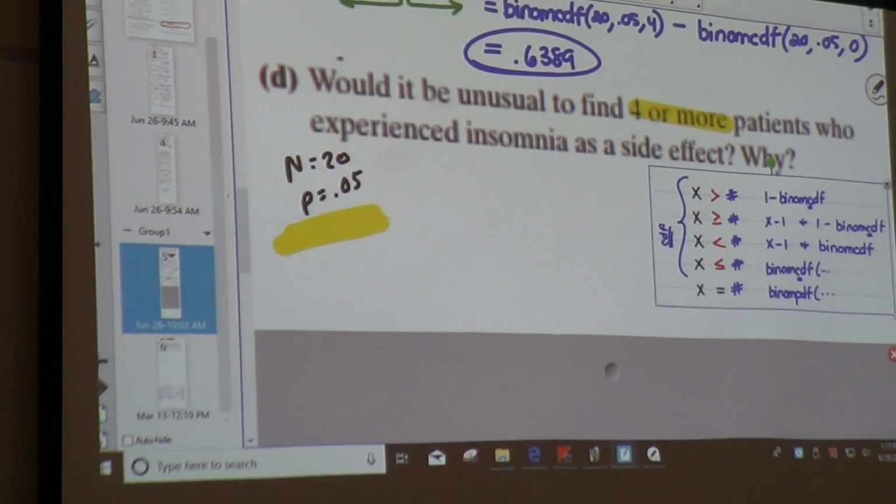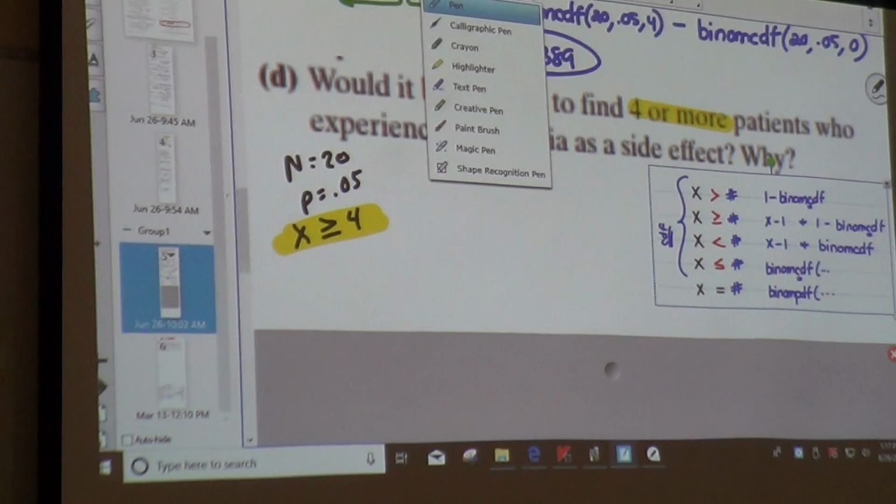Four or more is what symbol? Greater than or equal to.